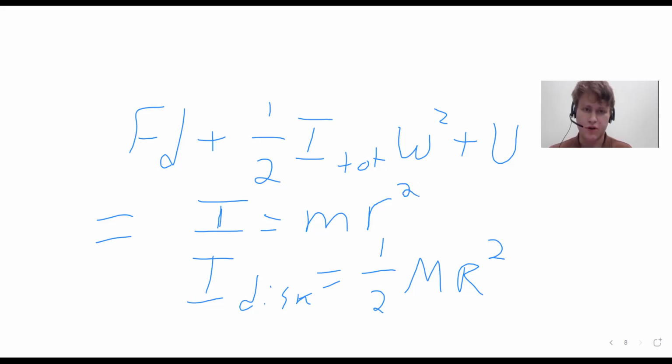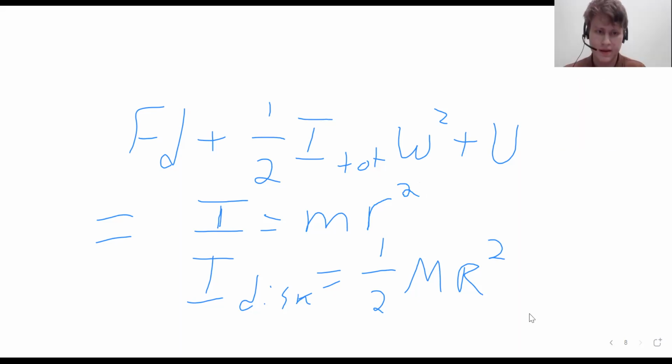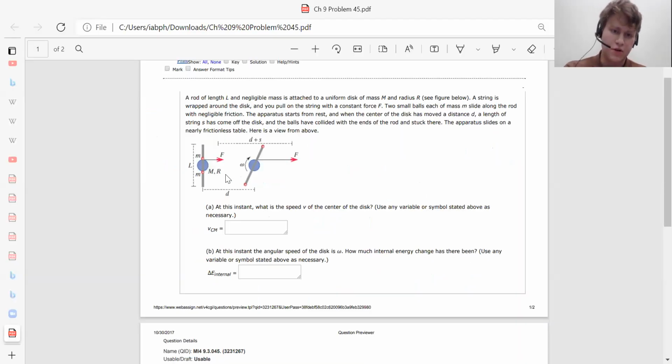In this case, the total length of this rod is going to be L. The distance from each mass to the center of motion is going to be L/2. And so the angular inertia of each ball is then going to be the mass of each ball times L/2 squared.